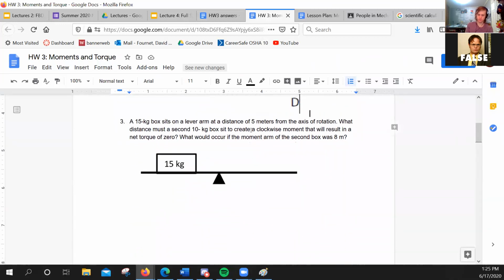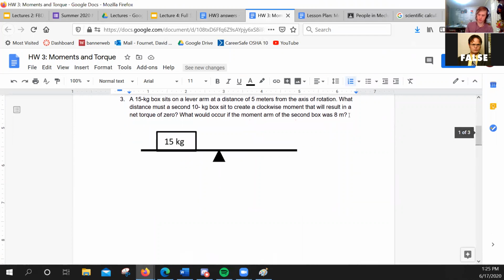Number 3 is more like the first problem where we're just solving. So we have this 15 kilogram box sitting on basically a seesaw. And it says that it is at a distance of 5 meters from the place that it rotates, okay?